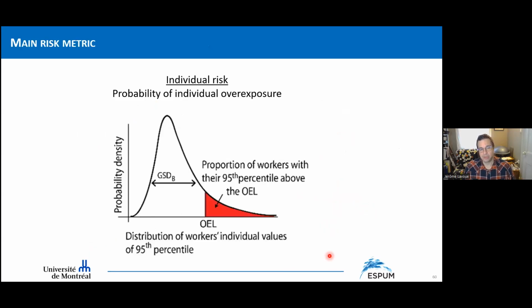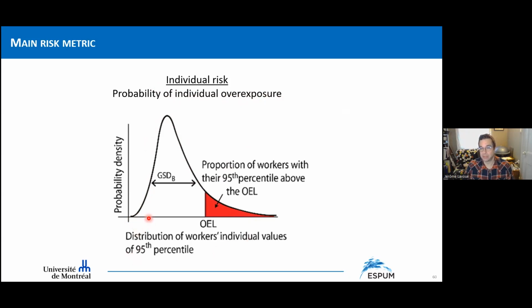And the way to calculate risk is to calculate the probability of individual overexposure. That is, how many workers could be overexposed, with overexposed having the same definition as we discussed. So basically, the ANOVA model allows us to create a distribution of the worker-specific 95th percentile.